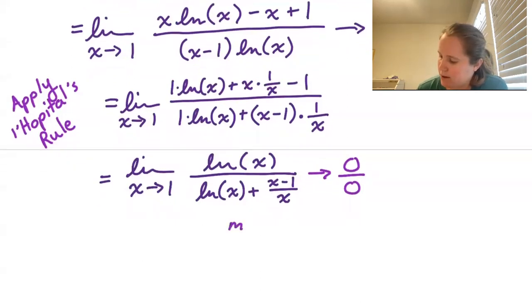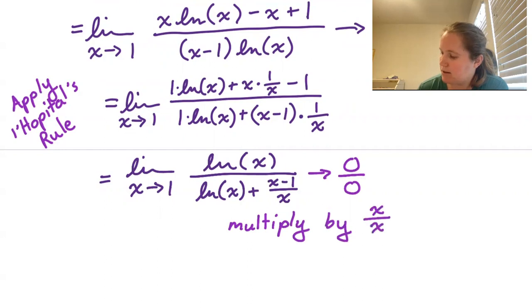So let's multiply by x over x to clear the fraction in the denominator.